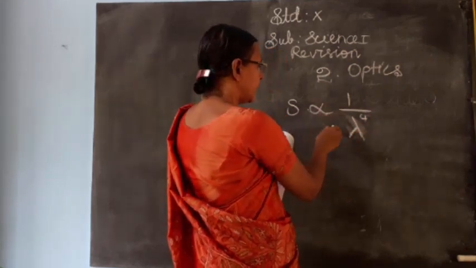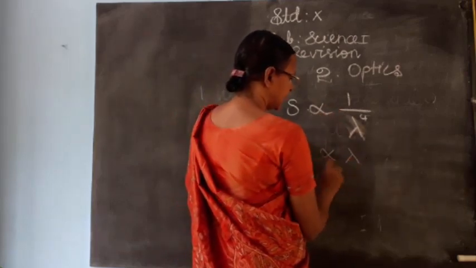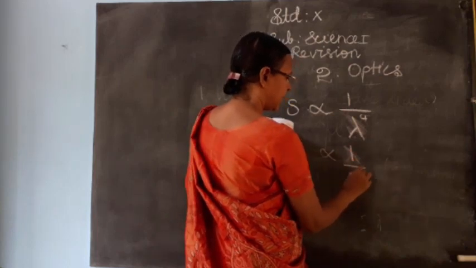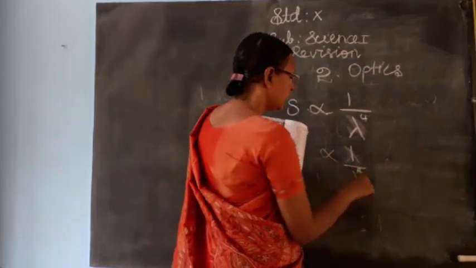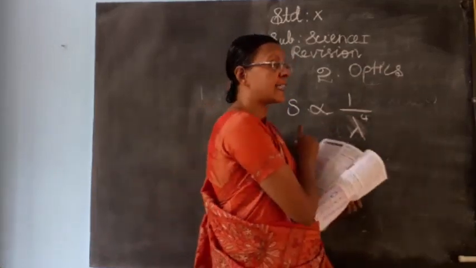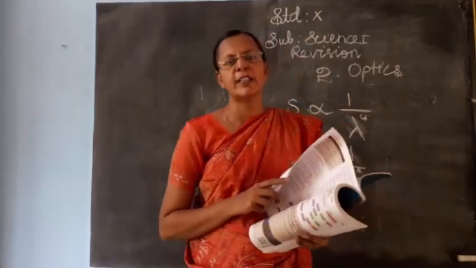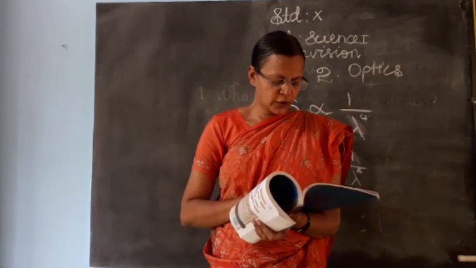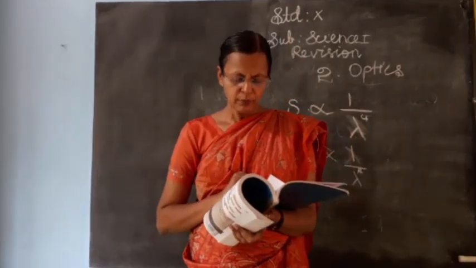If it were direct, it would be directly proportional; if it is 1 by lambda to the power four, then it is inversely proportional. Next, sixth question, differentiate convex lens and concave lens.